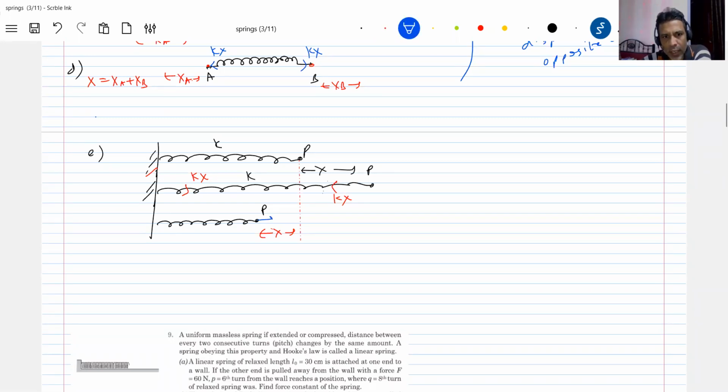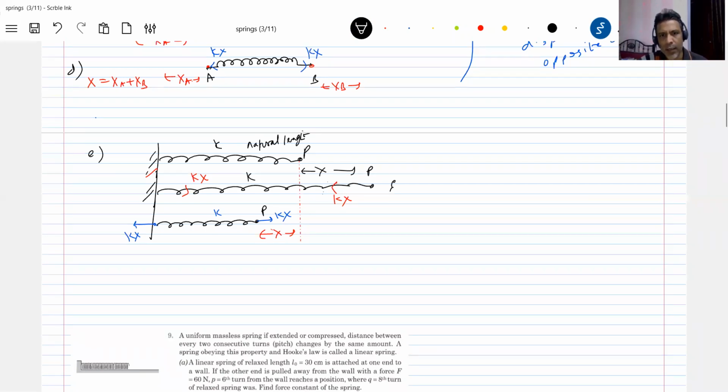Spring force now will act in this direction. Now what should you call this spring? The first one is natural length. This is elongated and this particular thing is compressed.